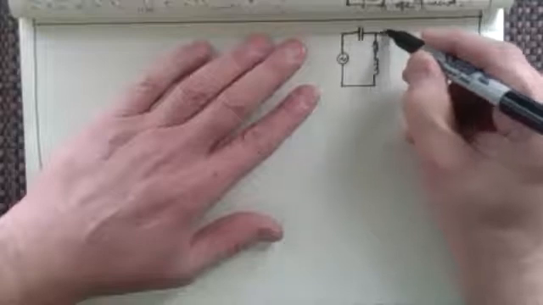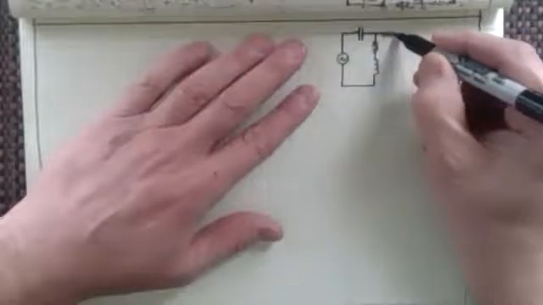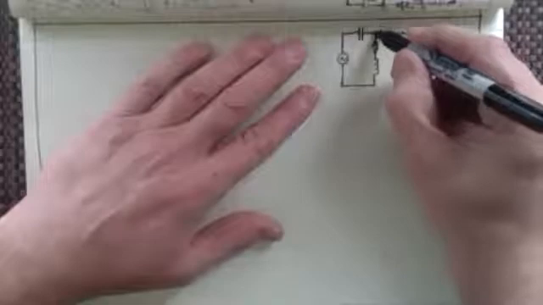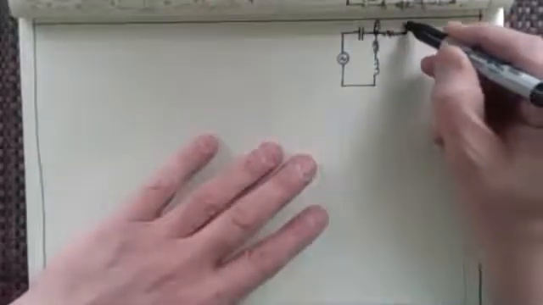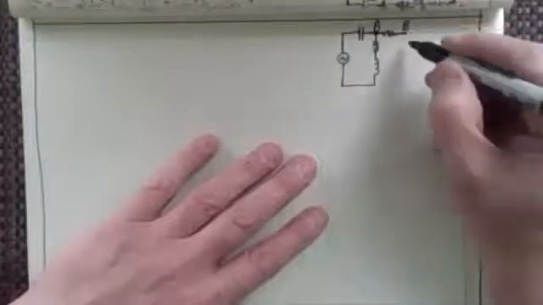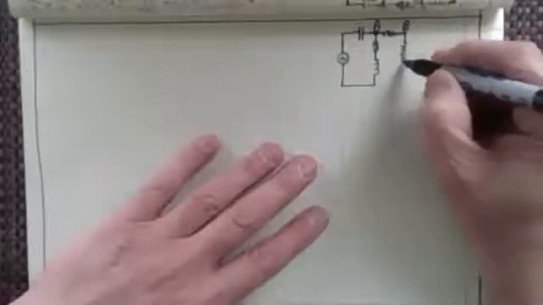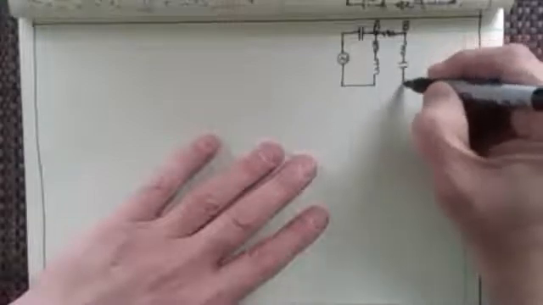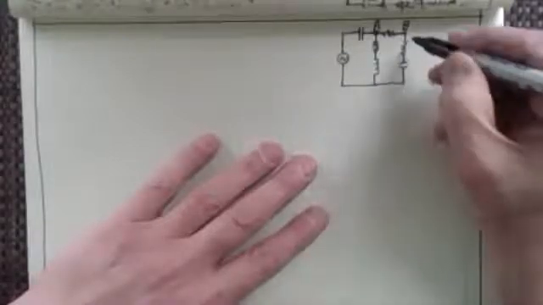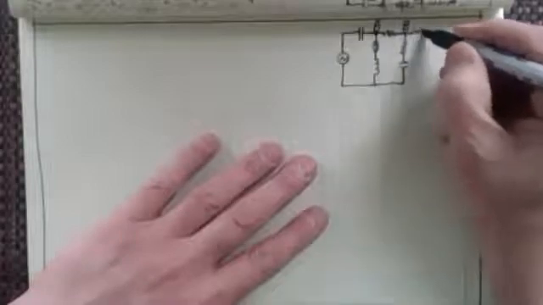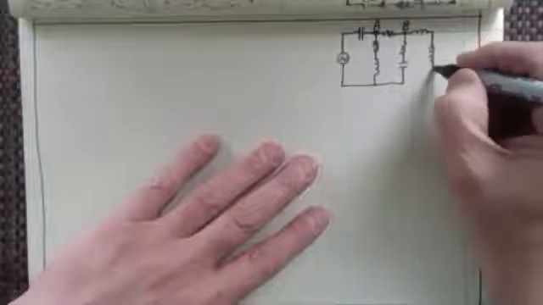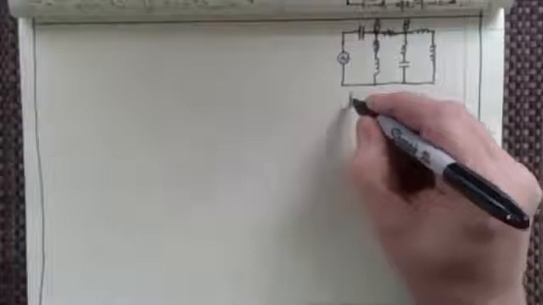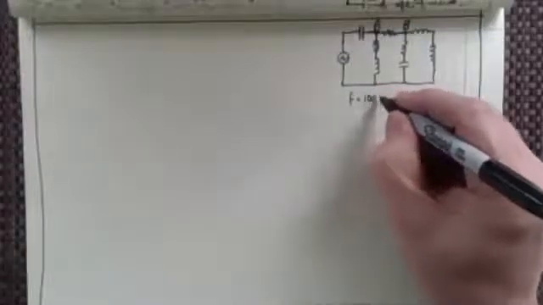Then we had another resistor between points A and B, this being point A, and this being point B. Then we had a resistor and a capacitor in that branch of the circuit, and then an inductor and a resistor in that last one. And we had a frequency of 1000 hertz.